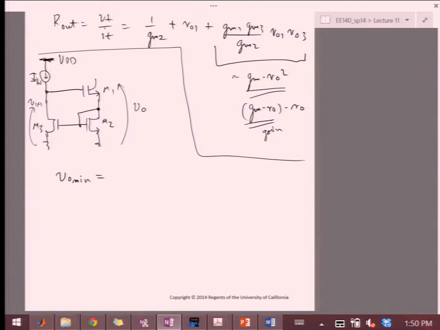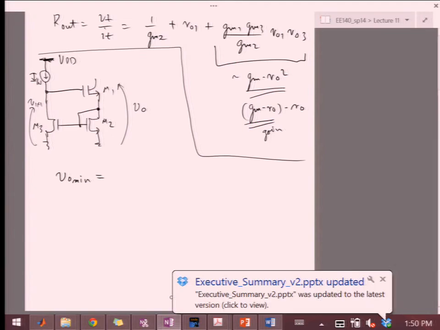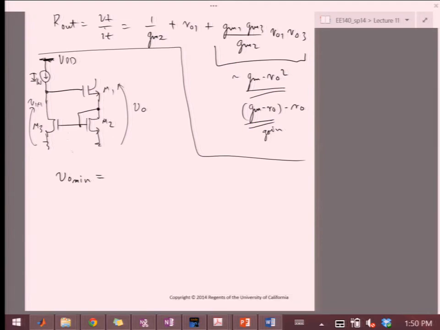V overdrive? The V overdrive will be part of it, but there's a little bit more. Which way would you go about calculating VO? How do you get from ground all the way to VO? Do you go through M2 or through M3? You go through M3, you just get VGS.